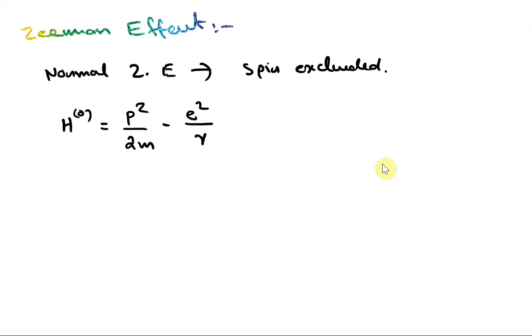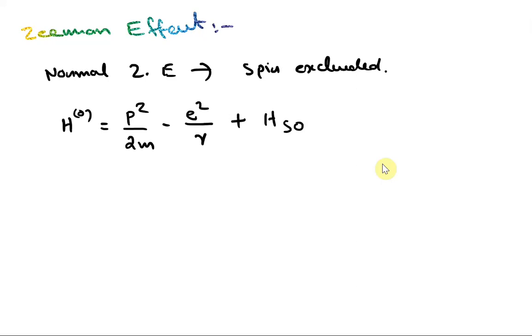Now to complete the description of the hydrogen atom, I will add another correction component. When I introduce the spin, I have to introduce a correction that I call H_SO.